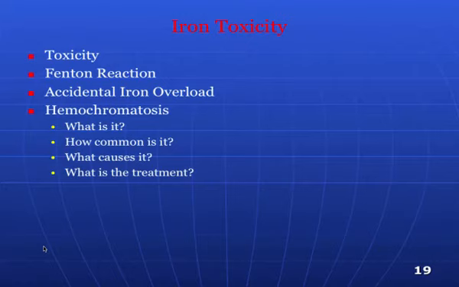Remember what hepcidin does? Hepcidin's a hormone made by the liver, regulates iron absorption. When iron levels in the liver go up, hepcidin's released. Hepcidin travels through the blood, causes ferroportin to be degraded. So high hepcidin means decreased absorption of iron, normally.